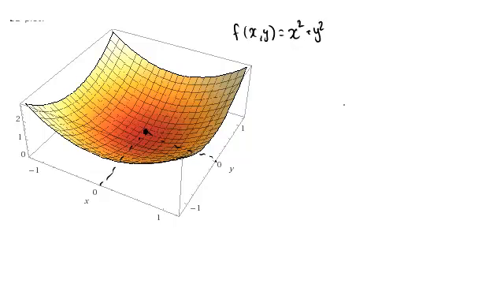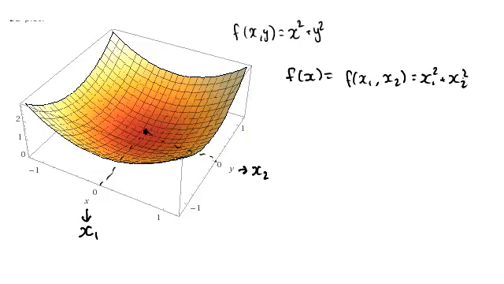If we want to put this into matrix notation, we rename x to x1 and y to x2, and we write f of x equal to f of x1 comma x2 equal to x1 squared plus x2 squared.